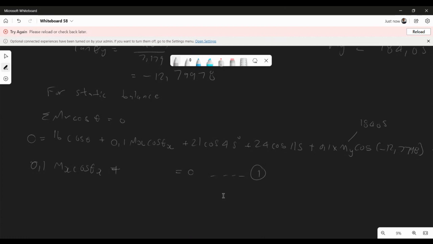What do you guys get? So 16 cos 0, the 21 cos 40, the 24 cos 115, and yeah, there's one thing I'm a bit suspicious about, but I'll just confirm now.